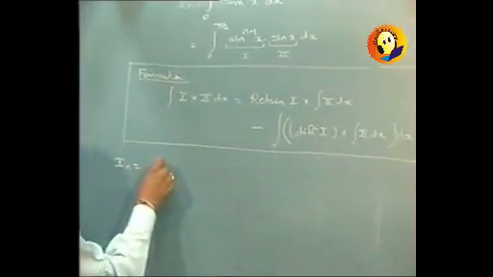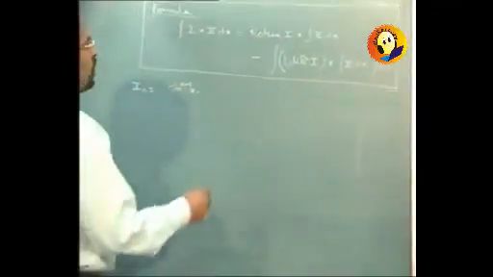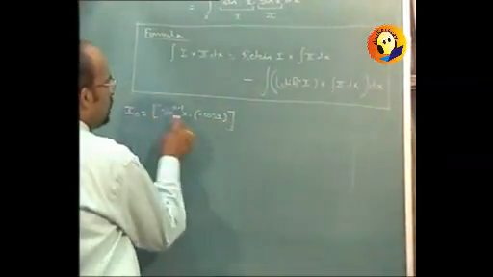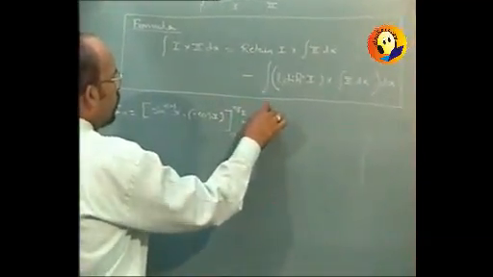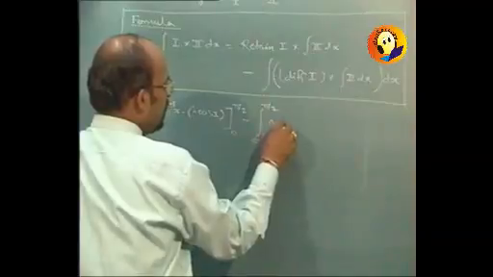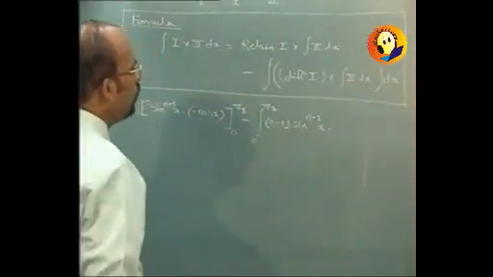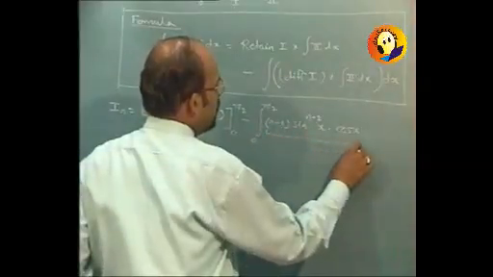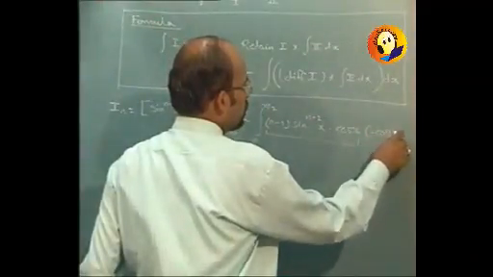So it is retain first, that is sin raised to n minus 1 x, integrate second, integration of sin x is minus cos x, and of course substitute the limits 0 to pi by 2, minus integral 0 to pi by 2, differentiate first, sin raised to n minus 1 x will be differentiated as n minus 1 sin raised to n minus 2 x into differentiation of sin x which is cos x. So this will be the differentiate first, and integration of sin x will be minus cos x dx.